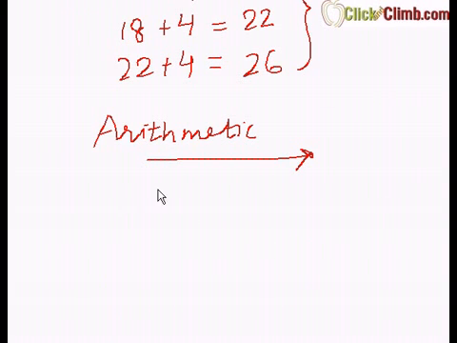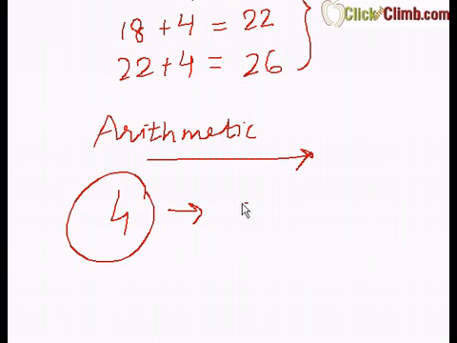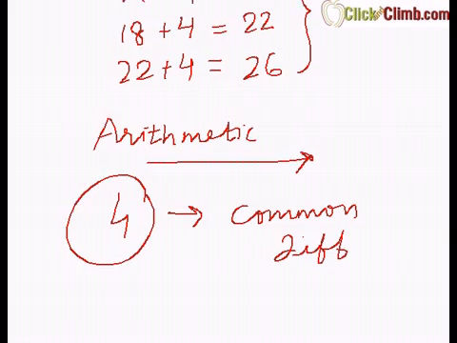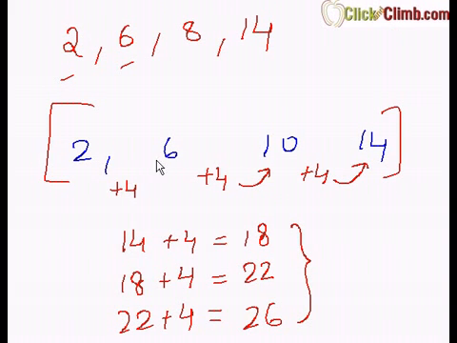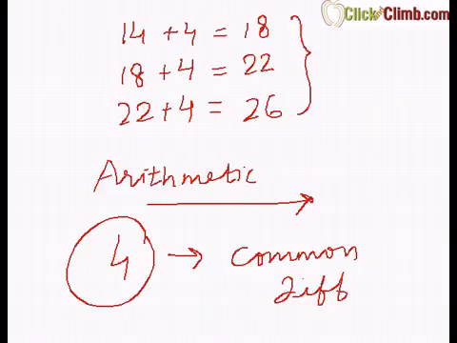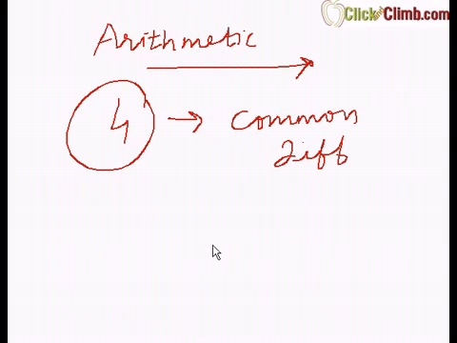We were adding 4 to each previous term, so this fixed number 4 is called the common difference. That means the common difference between each pair of terms is 4. An arithmetic sequence is found by adding a fixed number to the previous term.